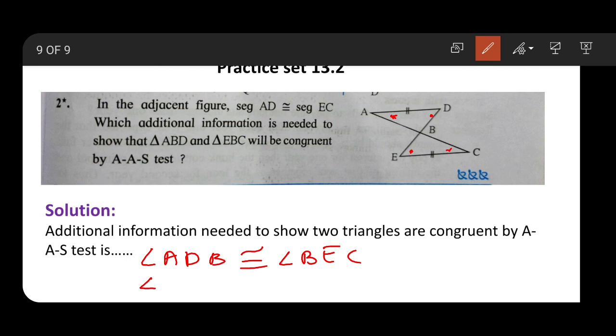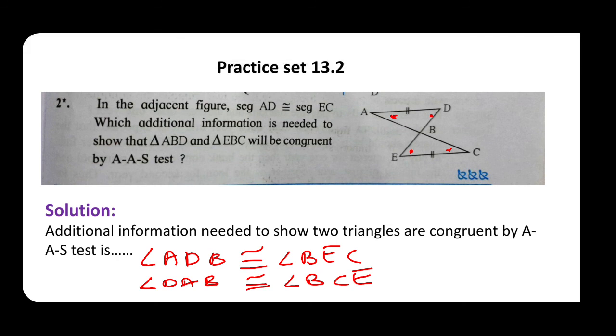Another angle DAB is congruent to angle BCE. Okay, these two pieces of information are needed to show that the two triangles are congruent by AAS test.